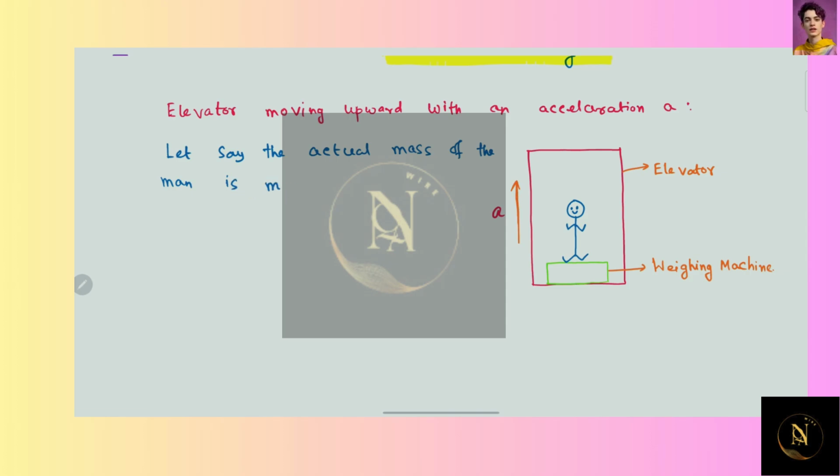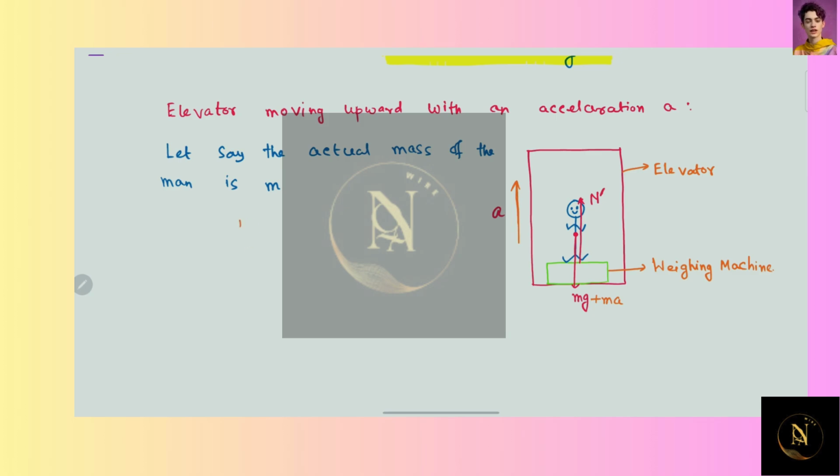First of all, the weight mg will be acting downward. On the person, a normal reaction force will be acting upward, and since the elevator is moving upward with an acceleration a, a pseudo force will also be acting downward on the person. So the net force acting downward is mg plus ma, and with respect to the elevator's reference frame, the normal reaction force has to be balanced by mg plus ma.